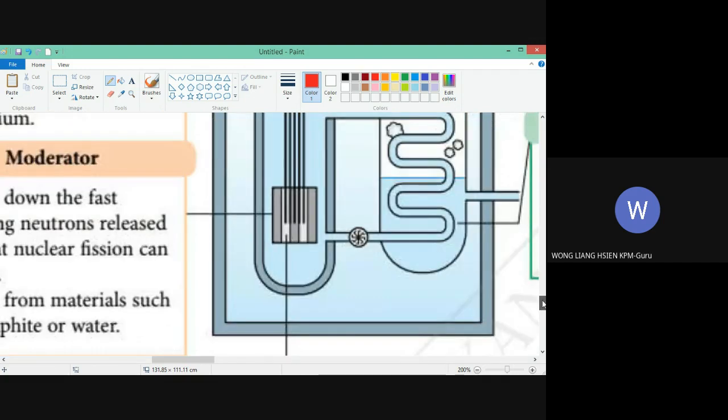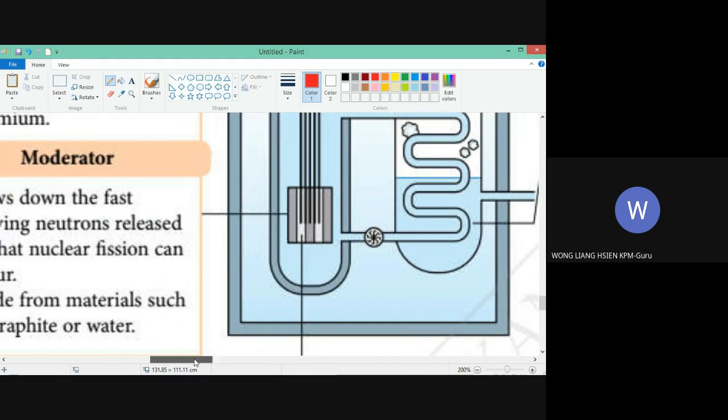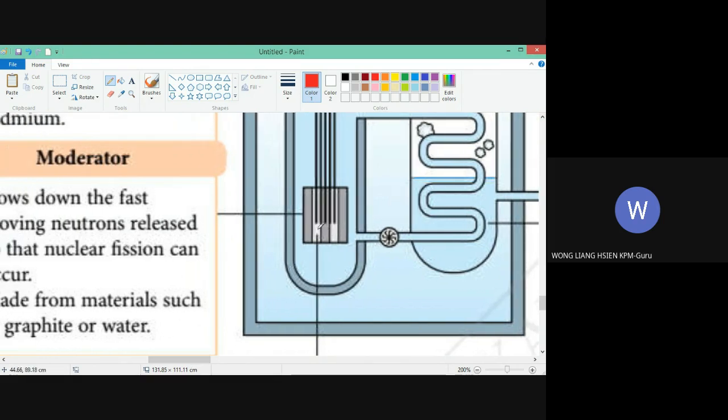So that means inside this white color one, you have a lot of uranium. The uranium inside here will undergo fission when one neutron is absorbed.